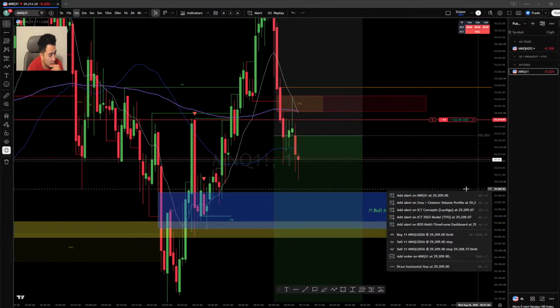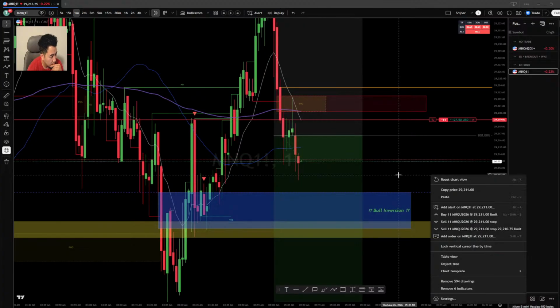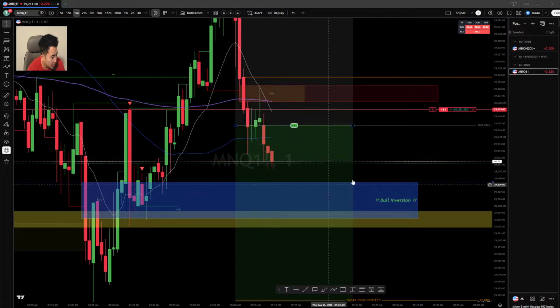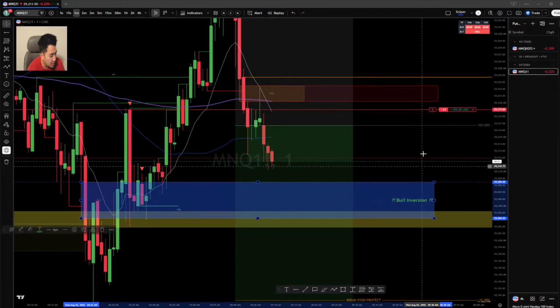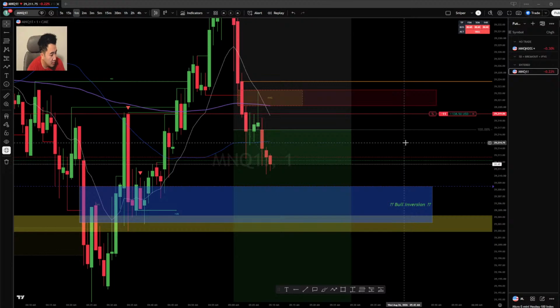Just going to put an alert here. So 1-minute candle off this bullish inversion, if it taps into it, I'll trail it. If it taps into the gold, trail the 15-second.